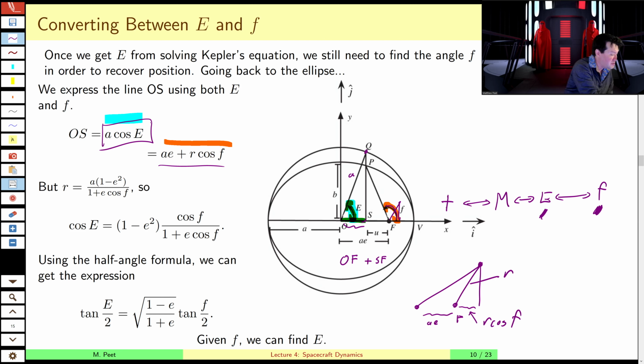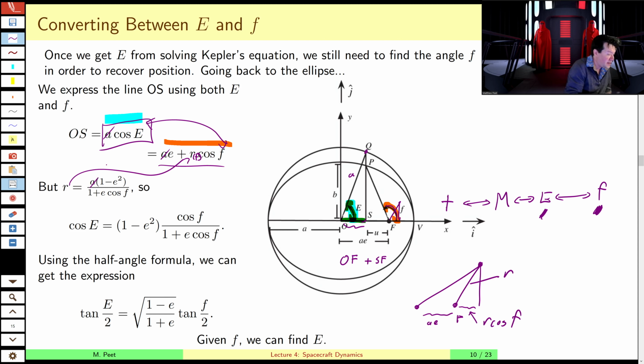We've almost got a relationship between E and F here, except that we've got this r in here. We're going to get rid of it because we can find an expression for r in terms of a, e and F using the polar equation, since r is a function of F. So we plug in there for r, and dividing by the a's, the a's cancel out.